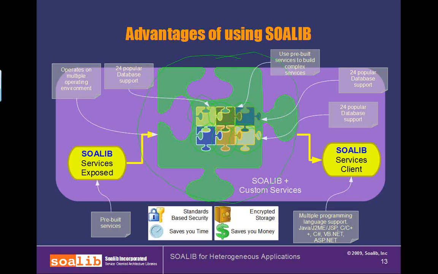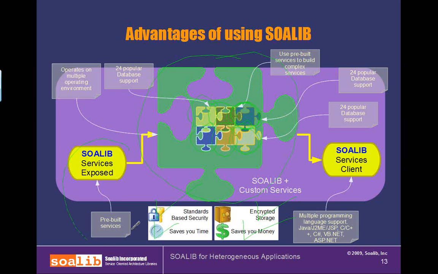In this diagram, you see the advantage of using SOALIB is that it is secure. It saves you time. The storage and connectivity of SOALIB is all encrypted, and it also saves you money because you are saving on time, and you do not have to test a lot, because some of these puzzle pieces are given to you, which are the SOALIB services. And we will discuss the details about SOALIB services shortly.